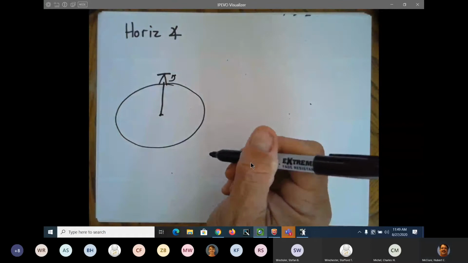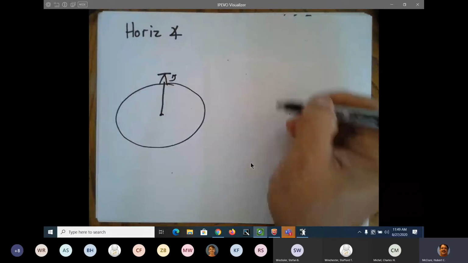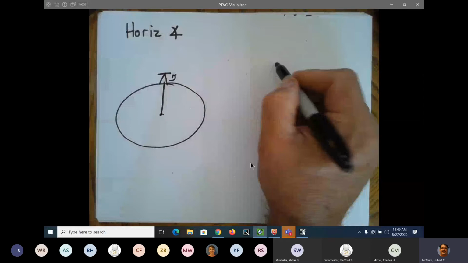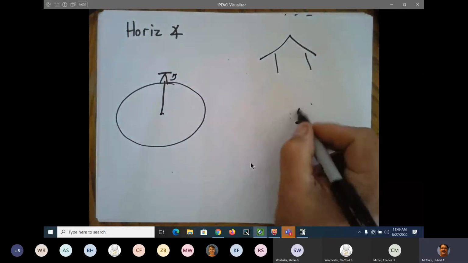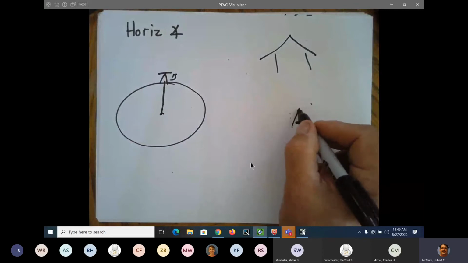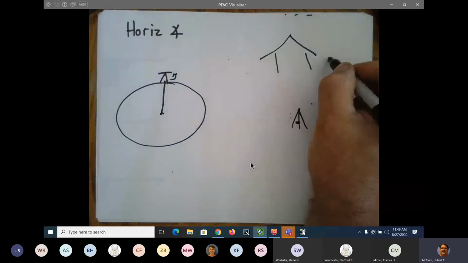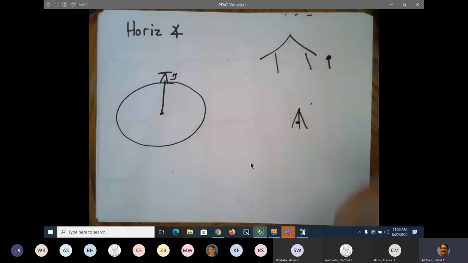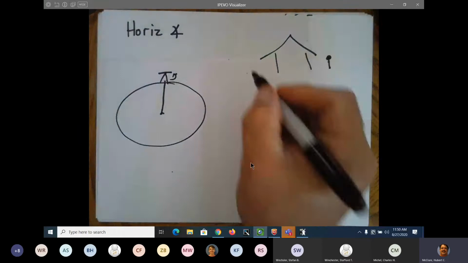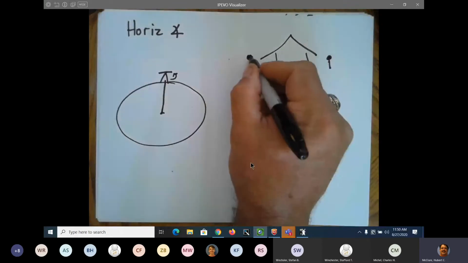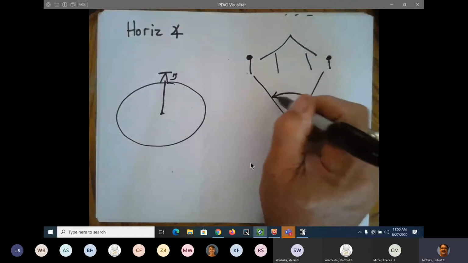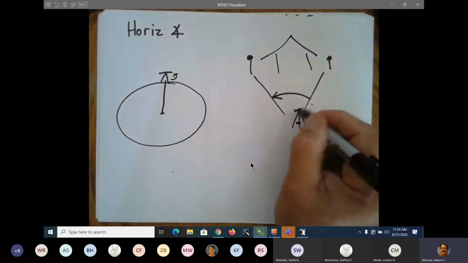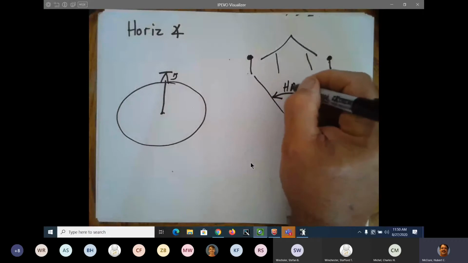Let's say this is a house and you're sitting right here looking at the house with your tripod, and you've got a point right here that your guy's standing on, and a point right here that your other guy's standing on, and you turn an angle from here to there. This is called a horizontal angle.